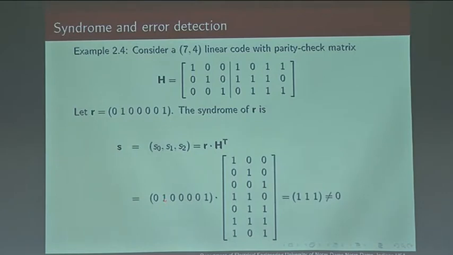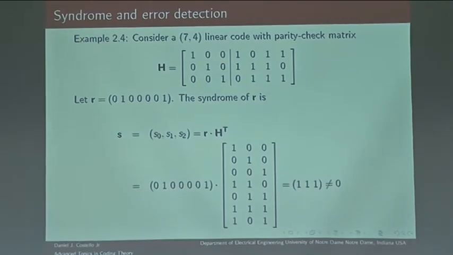And what it's saying is we're going to add row 2 and row 7, this row and this row, and we get 1, 1, 1. So the syndrome is non-zero, which means that this cannot be a code word. So we've detected errors, and we need to now try to go about the job of error correction.